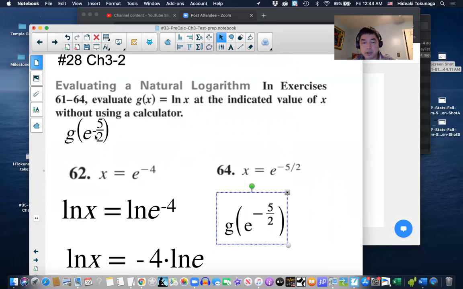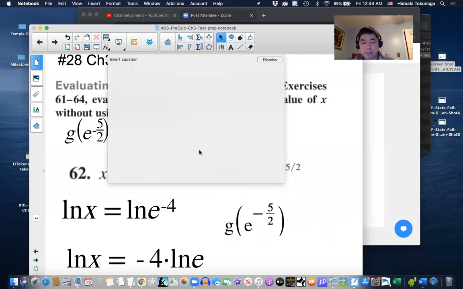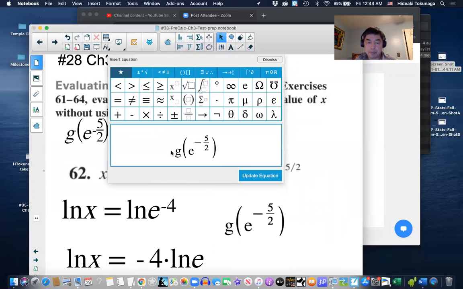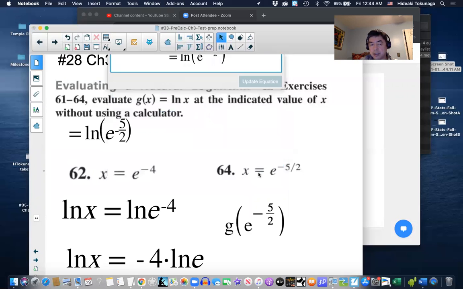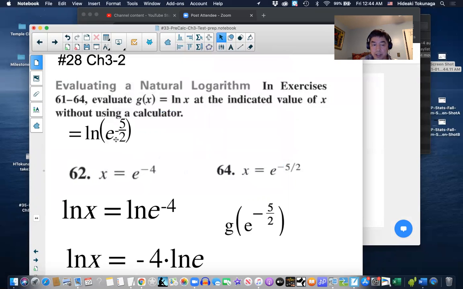I go into this one and put the equal sign in front, and plug into this one, right? So natural log is log base e of this, right? It doesn't look like exponents again, so just make sure you understand this.